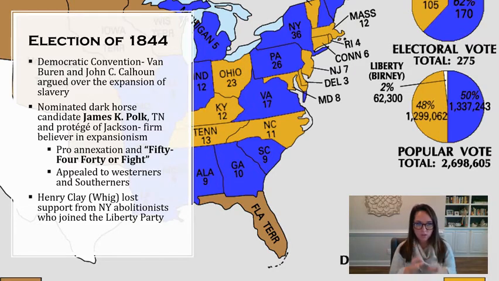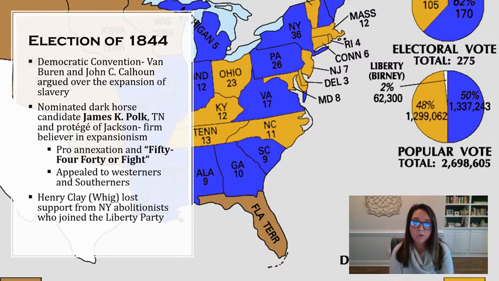Now, as early as 1844, the Democratic Party is going to be divided between Northern Democrats and Southern Democrats over the institution of slavery expanding into the West. So Van Buren's back, and he is running for the nomination for the Democratic Party.